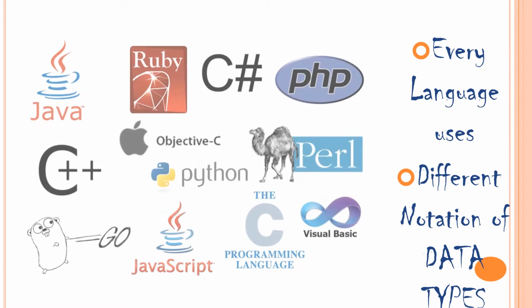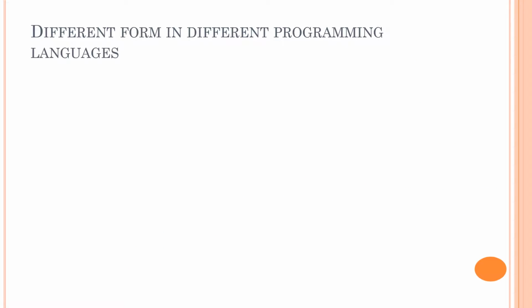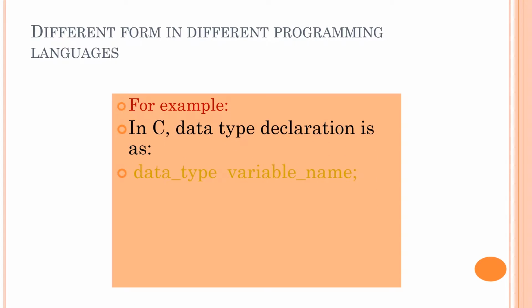Every programming language uses a different notation of data types. The declaration syntax of writing data types may be different in different programming languages. For example, in C, data type declaration is as data_type variable_name.